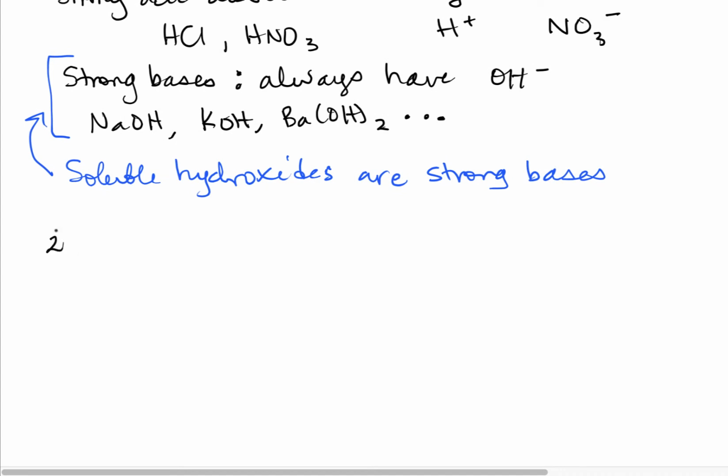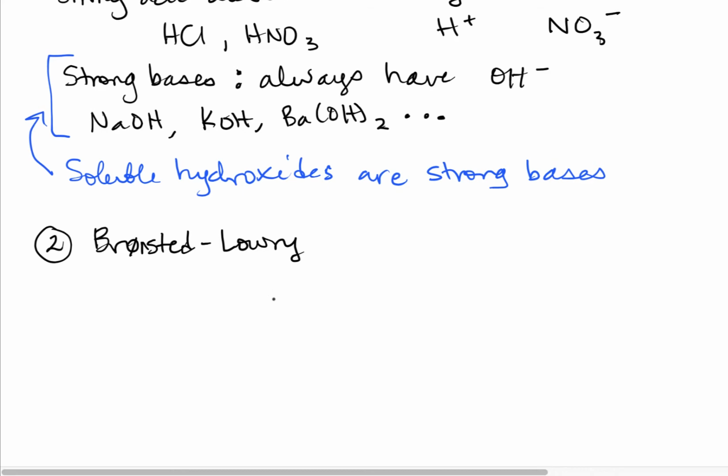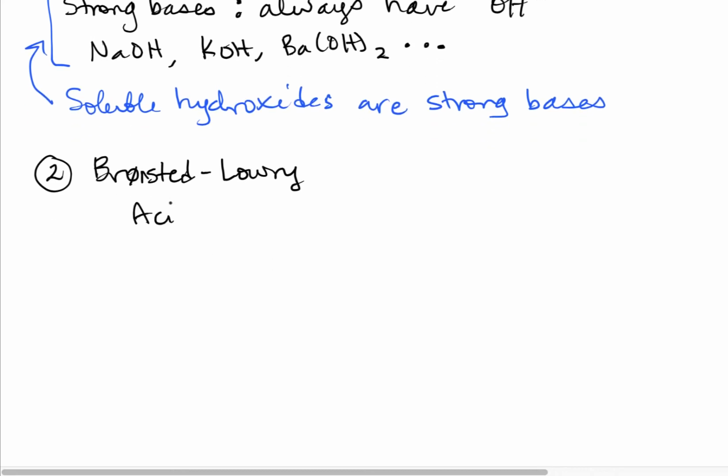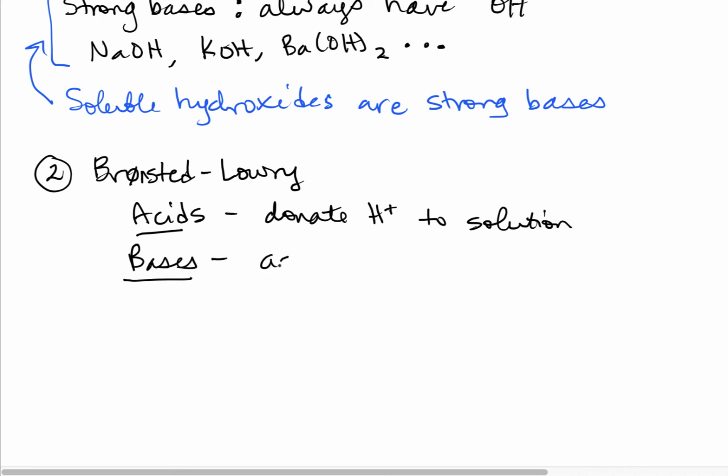So it is somewhat limited, and so more typically we end up talking about the Bronsted-Lowry definition of an acid and a base. And these expand mainly the definition of the bases. So in the Bronsted-Lowry definition, acids also donate protons to solution, and bases accept protons from the solution.